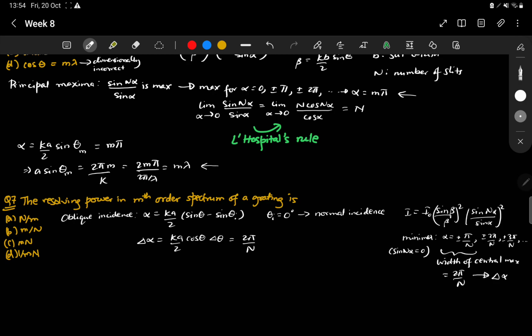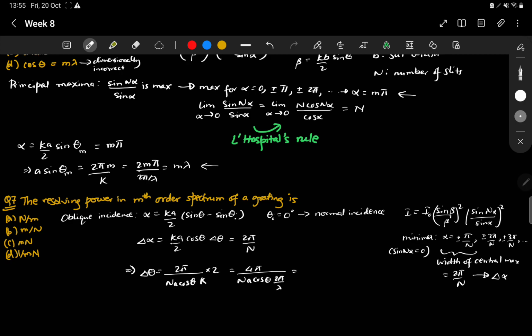Now I can do some algebra and simplify. So I get delta theta is 2 pi over na cos theta times k, and k is nothing but 2 pi by lambda. Sorry, this into 2. So this is 4 pi over na cos theta times 2 pi over lambda.